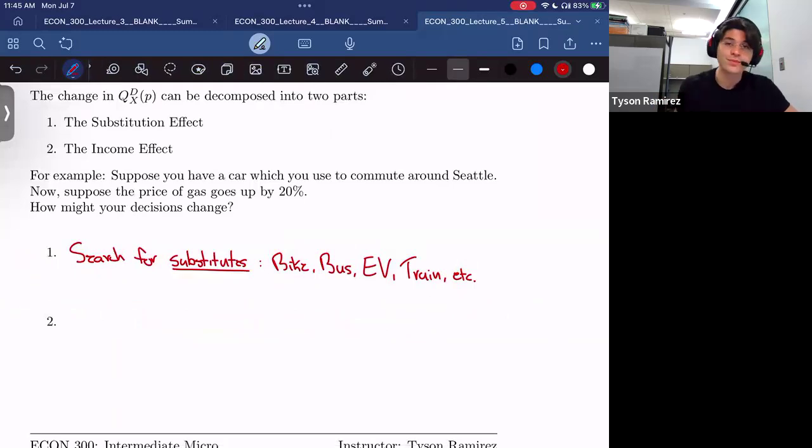Another thing that might occur, that does occur, is that now gas has become more expensive. What this means is that suppose if I had a $100 budget, well, now that money doesn't go as far, right? I don't get as much gas as I once was. And if I'm not searching for substitutes, then what happens to me, the consumer, is that my purchasing power has decreased.